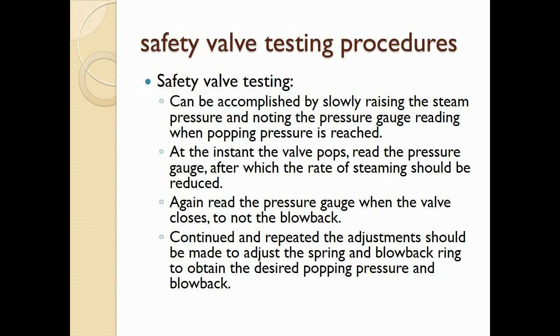At the instant the valve pops, read the pressure gauge, after which the rate of steaming should be reduced. 3. Again read the pressure gauge when the valve closes. Note the blowback. 4. Continue, and repeat, as adjustments should be made to adjust the spring and blowback ring to obtain the desired popping pressure and blowback.